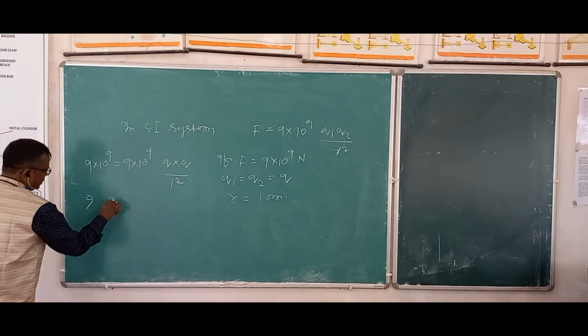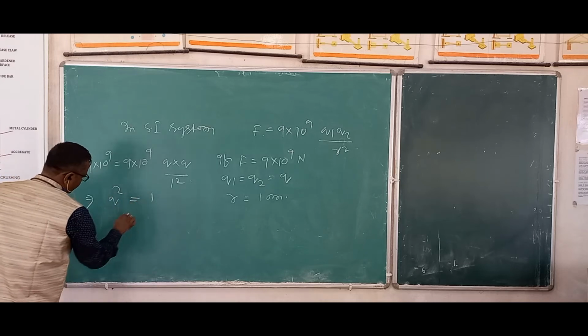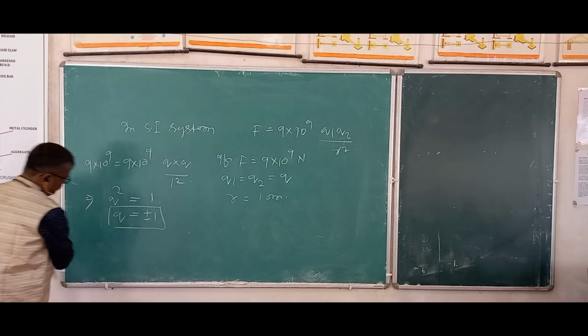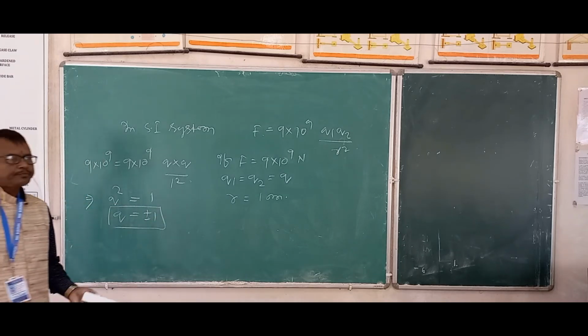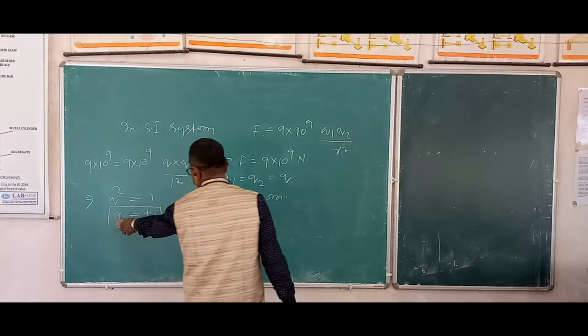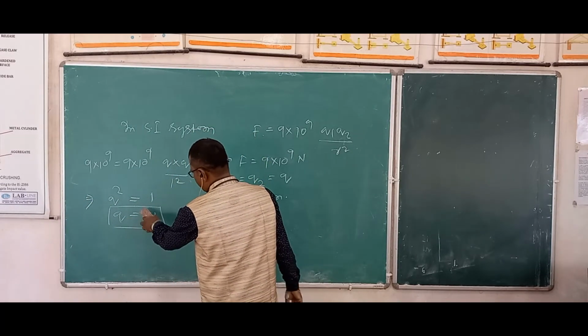That implies Q square is equal to 1, Q is equal to plus minus 1.